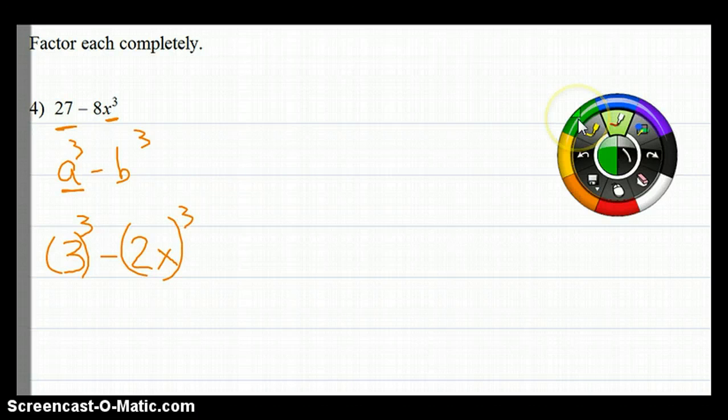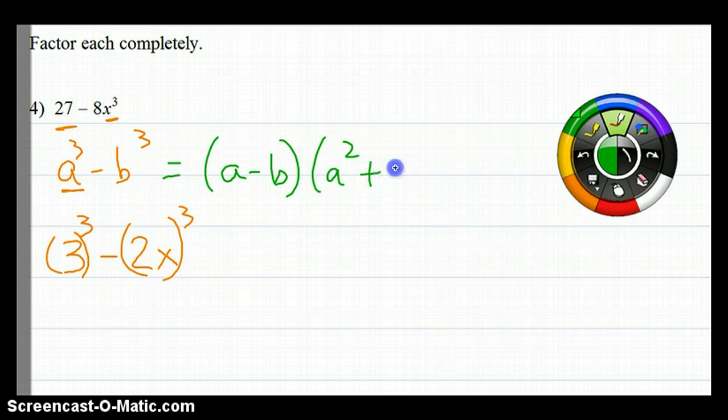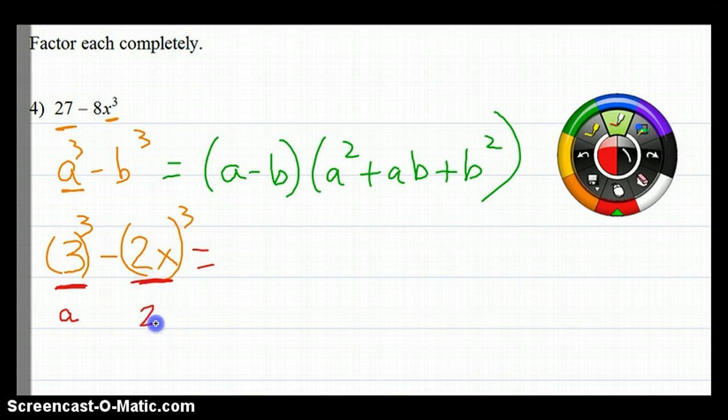So in our formula, I have an a minus b, times a squared plus ab plus b squared is our formula. And we don't have a's and b's here, so we have to switch those around. So again, recognize that a is equal to 3, b is equal to 2x.